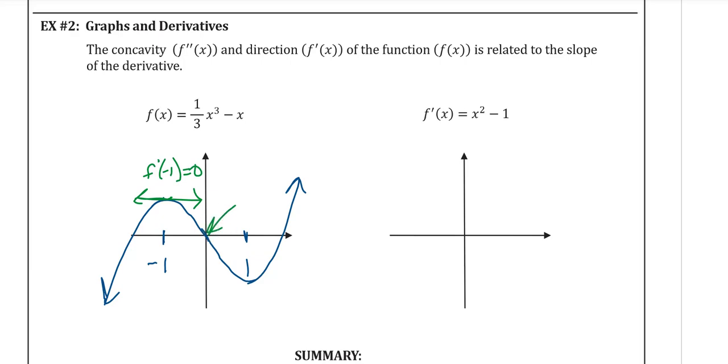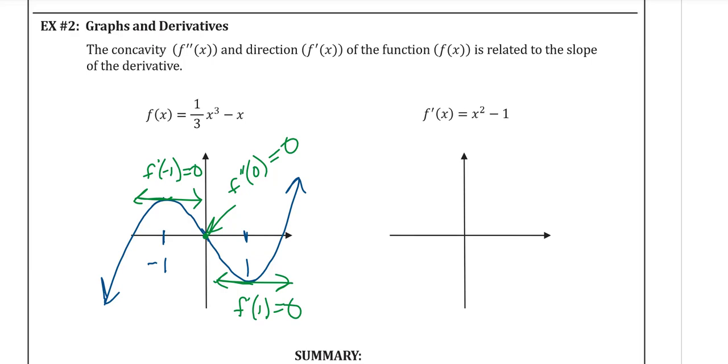Here is our f double prime of 0, and it definitely equals 0. And here is our other horizontal tangent line. This is our f prime of 1, and that equals 0. So you can see that inflection point is definitely in the middle of this graph.